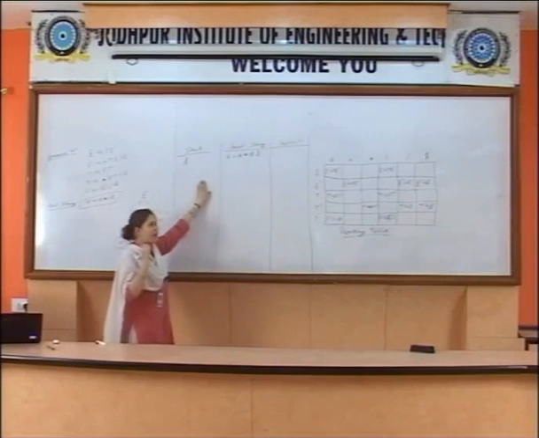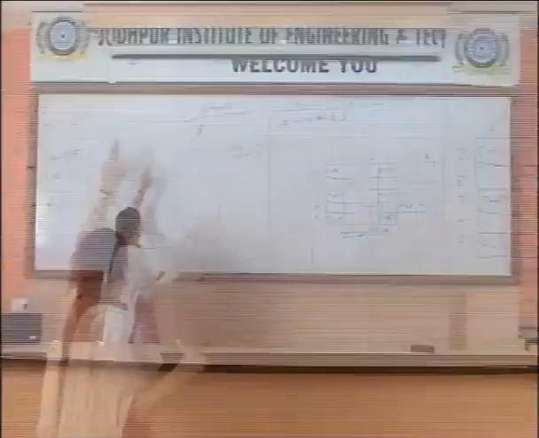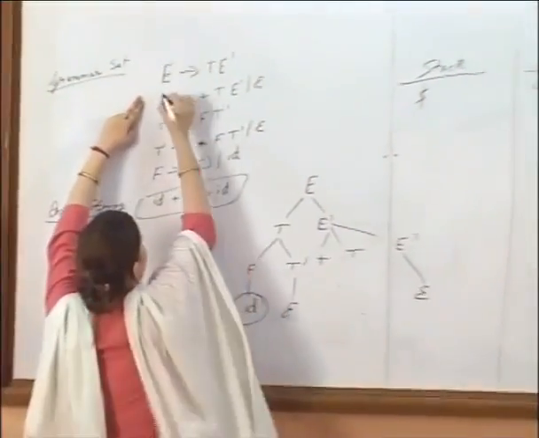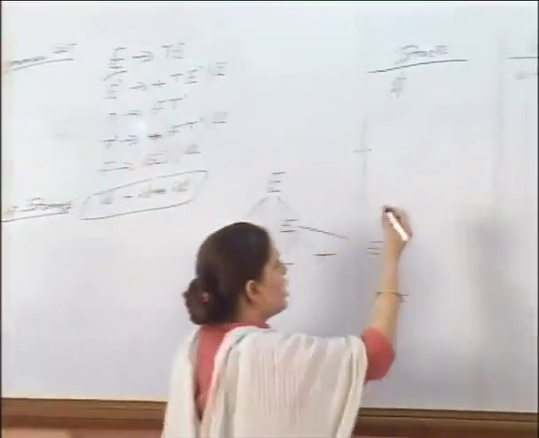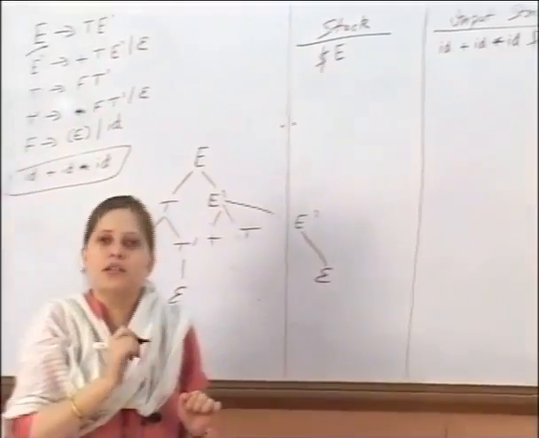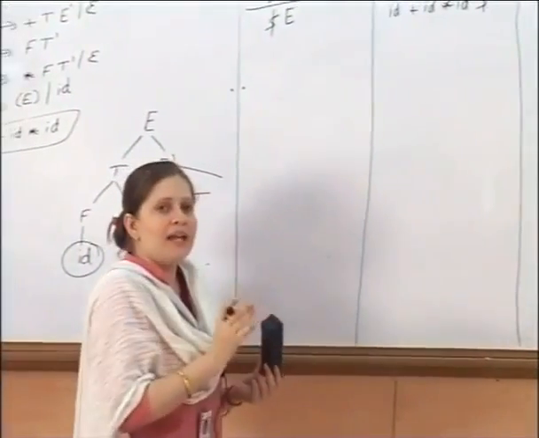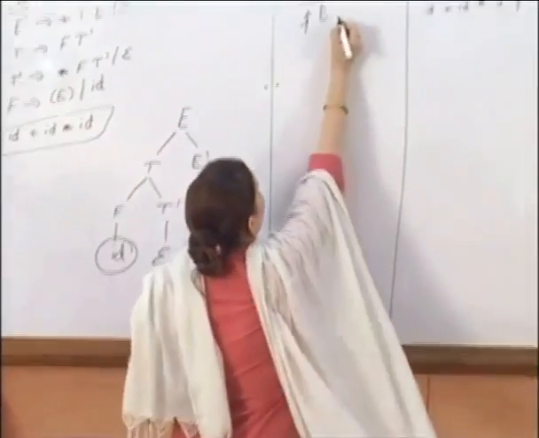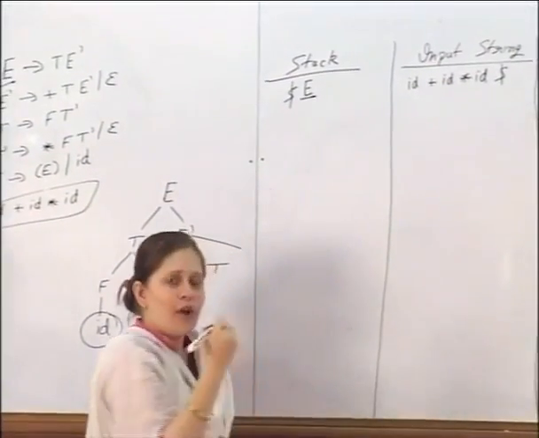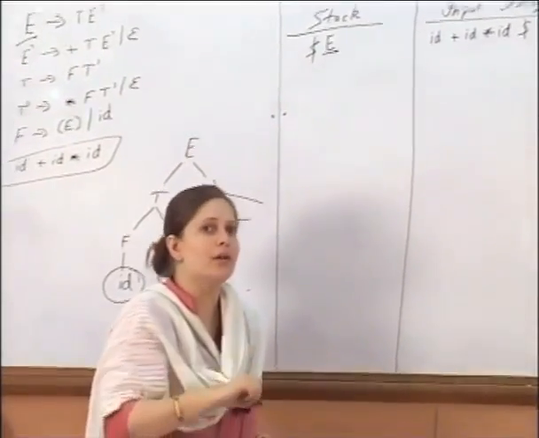As the predictive parsing program says, start from the stack and push the starting symbol of the grammar. In this given grammar, the starting symbol is capital E. So initially we will push capital E on the top of the stack. For this capital E, we will apply the same logic: check if the value at the top of the stack is a terminal or a non-terminal.